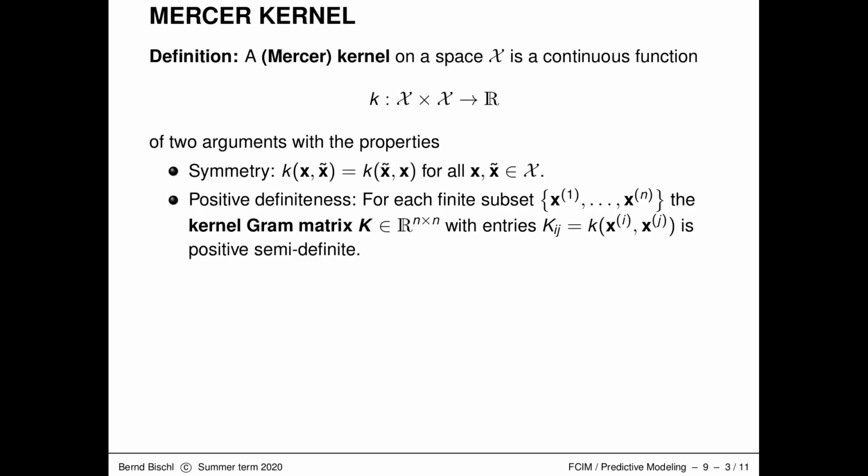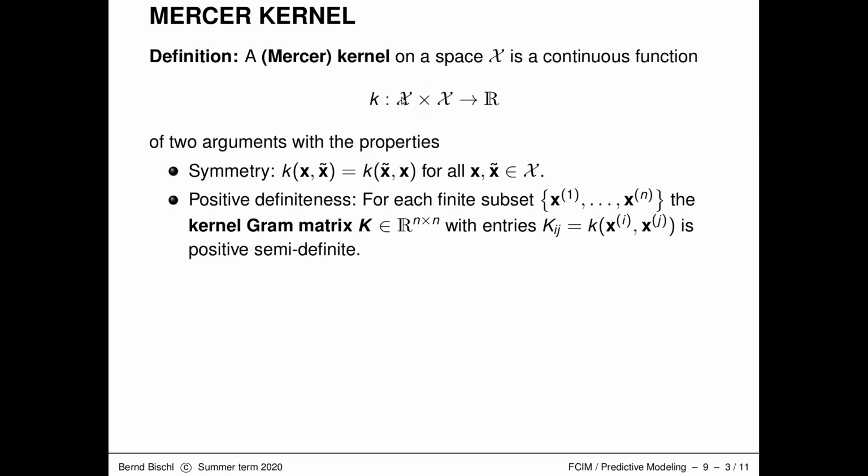And we'll from now on require certain properties of such a kernel function. So we'll usually call that a Mercer kernel. A Mercer kernel is a continuous function which is defined on a certain space x times x. This will usually be our original feature space.